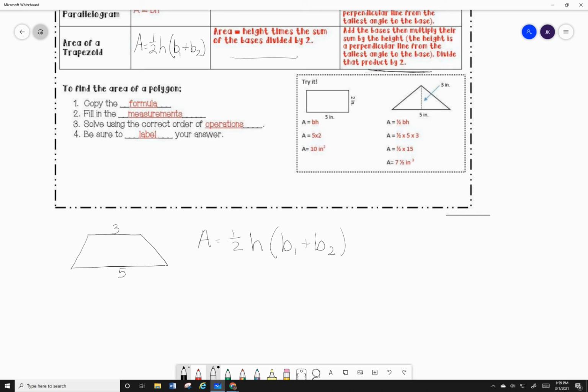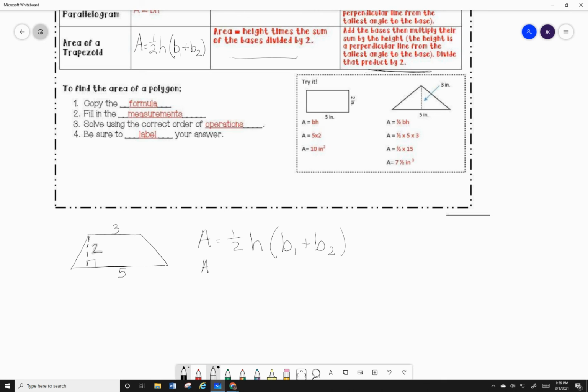So we need that right angle here, and this is going to be the height of our trapezoid. That didn't come out very well, it's not super straight, but you get the idea. That's our height. And so we're going to say this height is 2. Now I have the information I need to fill in my measurements into my formula.